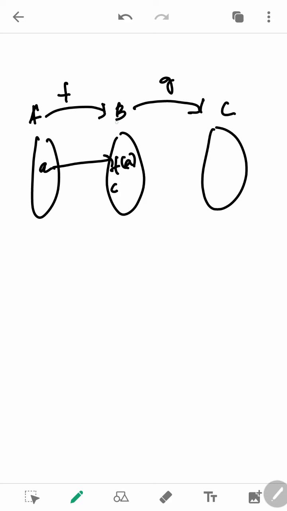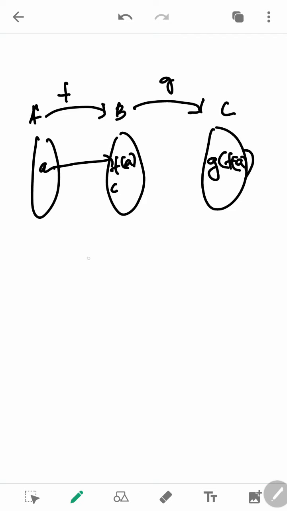Since B is the domain of g, g can be applied to this element. Then we get g of f of a, which belongs to C. This correspondence is called the composition of f and g.